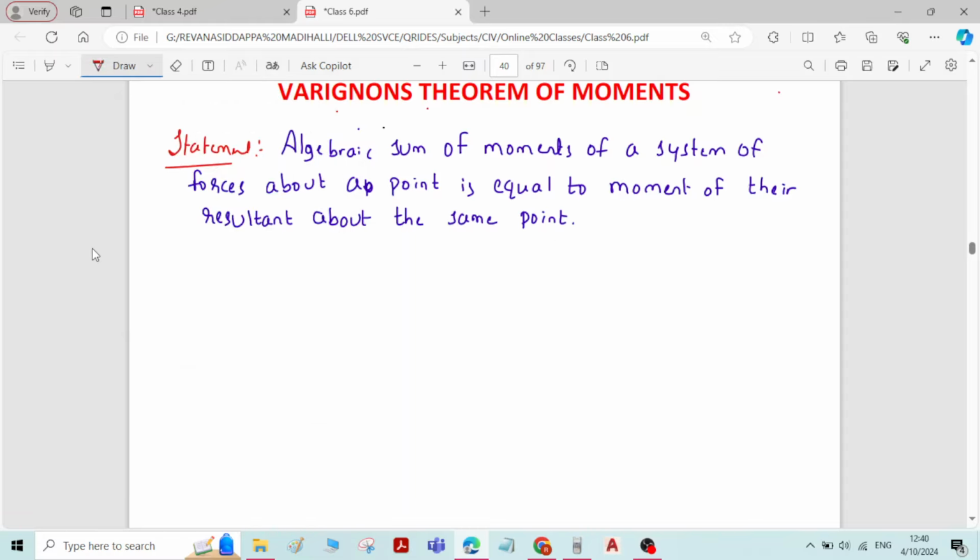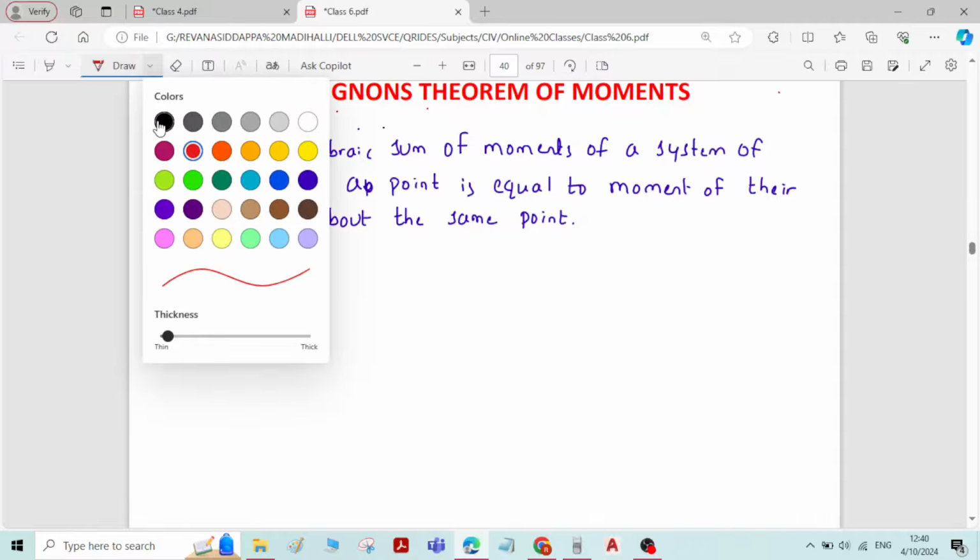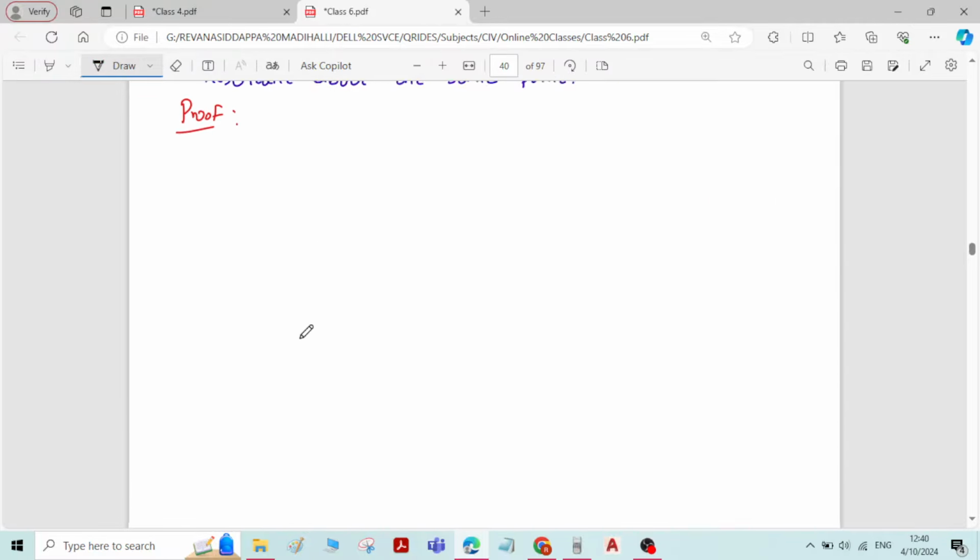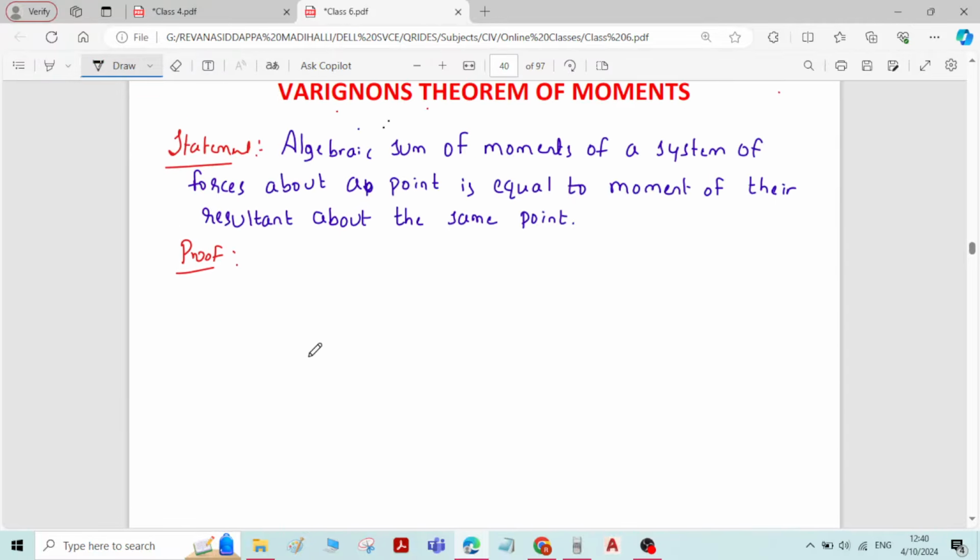Next, proof. Now to prove this Varignon's theorem of moments, let me consider two forces, force F1 and force F2.